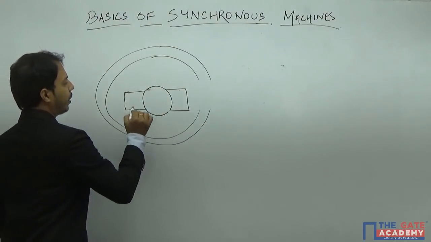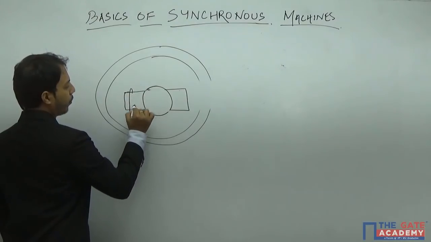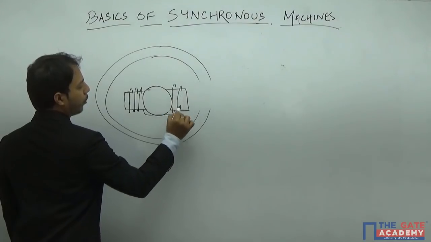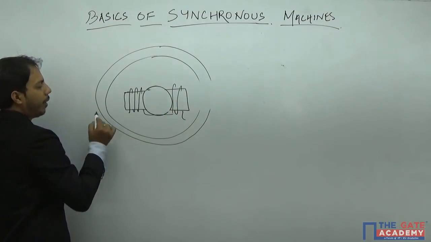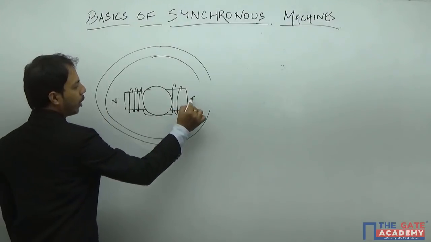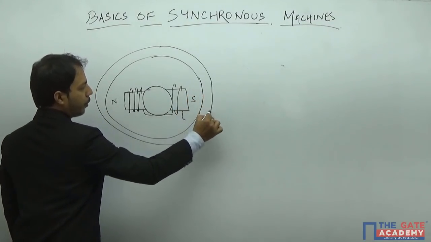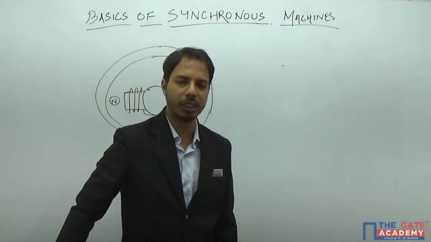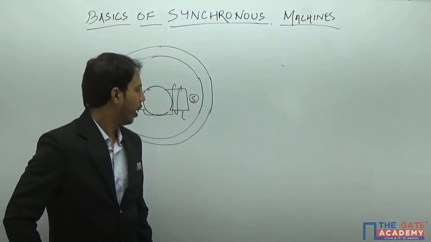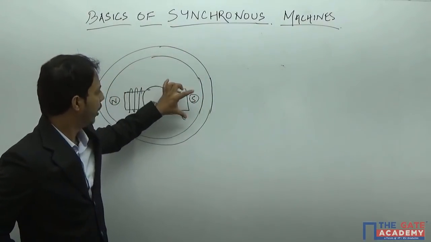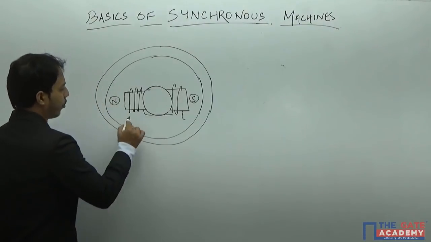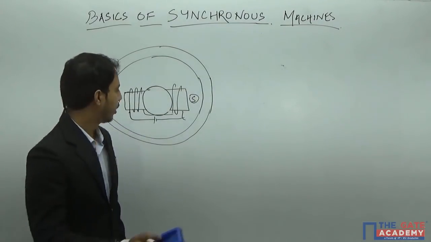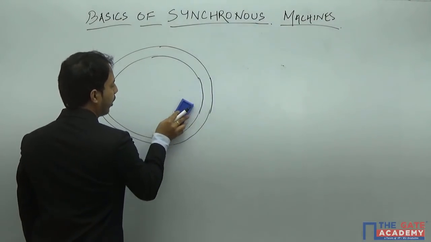Here the windings will be on this side, in this way, due to which a north pole and a south pole may be created by the rotor, and there will be a rotor field, or this particular field excitation is given from the rotor. So these are the two different types of rotors that we have.